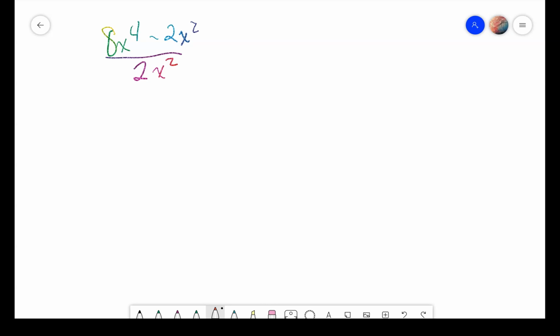And what we're going to do next is rearrange it a little. So this is the same thing as 8x to the 4th over 2x squared minus 2x squared over 2x squared.